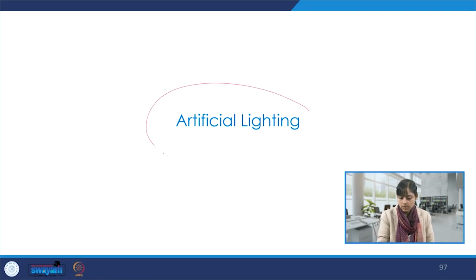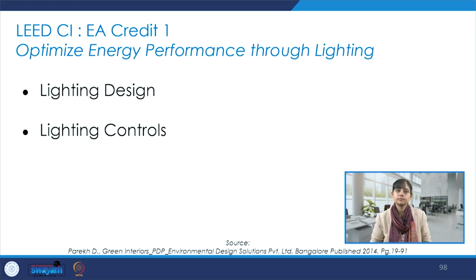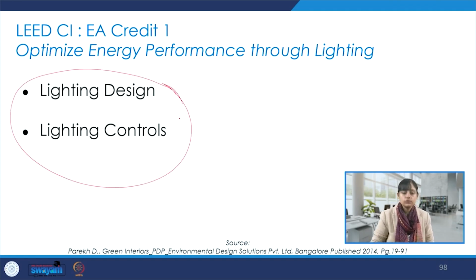Now let's talk about artificial lighting, because of course we need artificial lighting also when there is no daylight. There is a credit as part of LEED CI for optimizing energy performance through lighting. And when we talk about artificial lighting, we have to think about lighting design and lighting controls in a manner that we are able to reduce the artificial lighting demand.